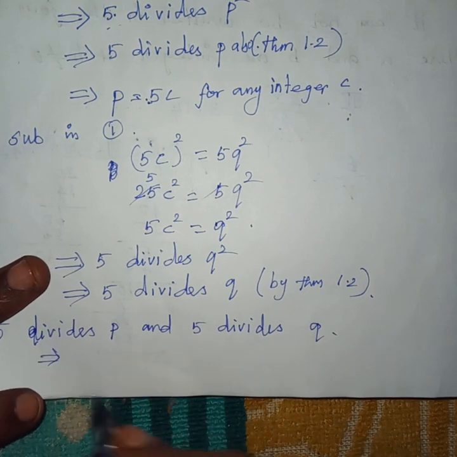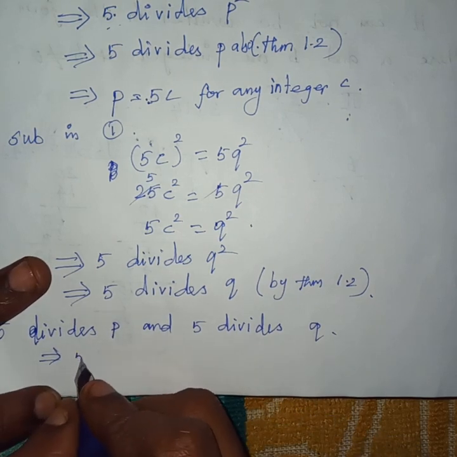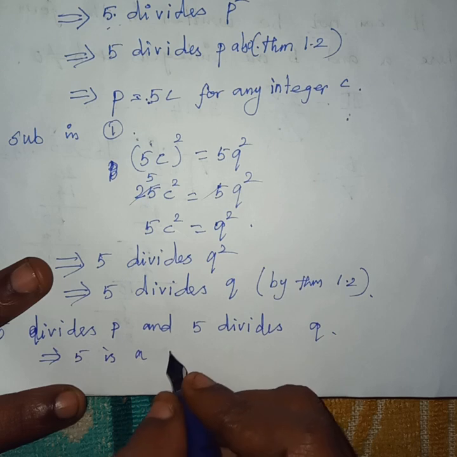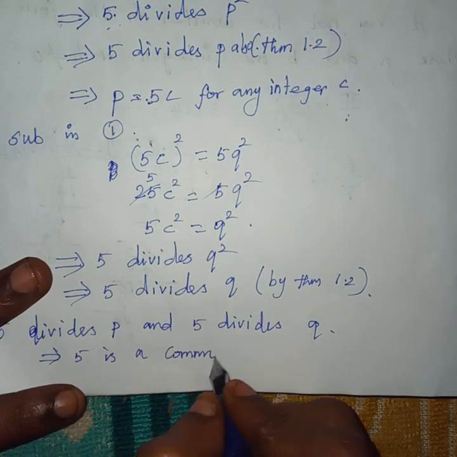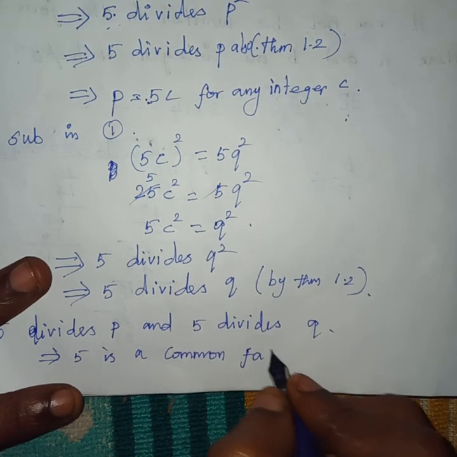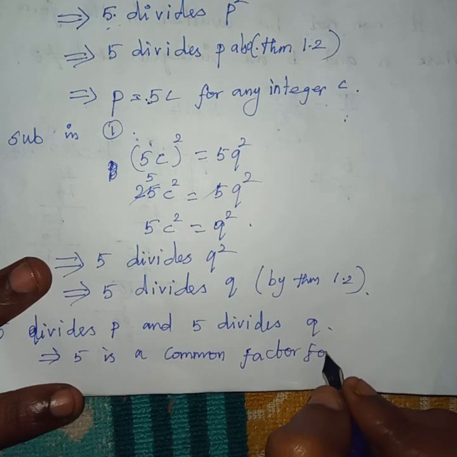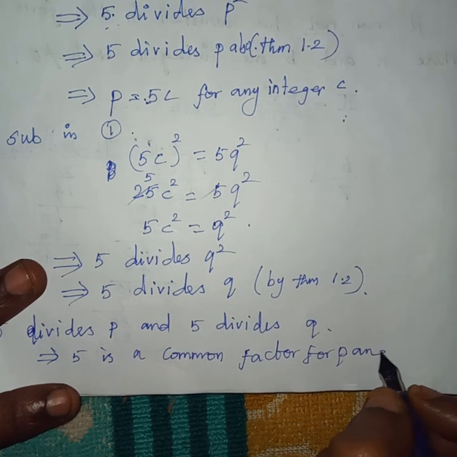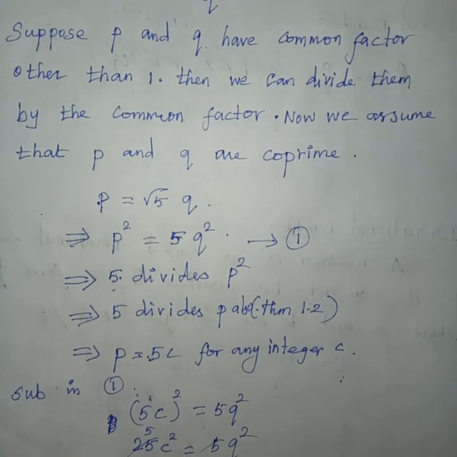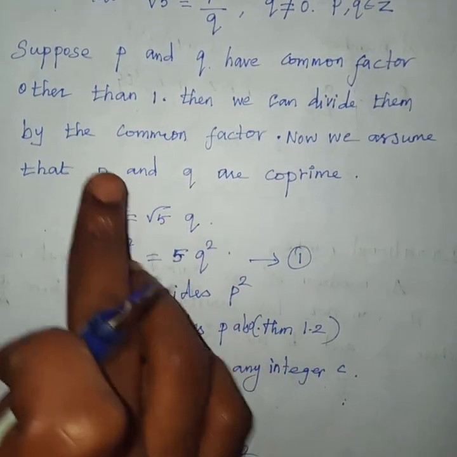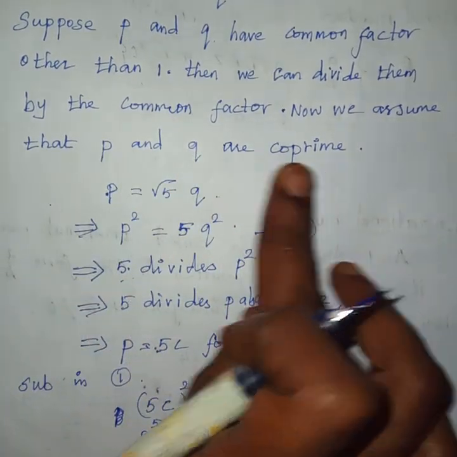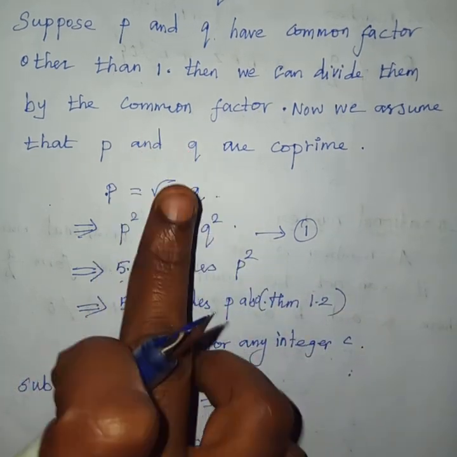If 5 divides both p and q, then 5 is a common factor for p and q. But we assumed that p and q are co-prime. Co-prime means they have common factor 1 alone.